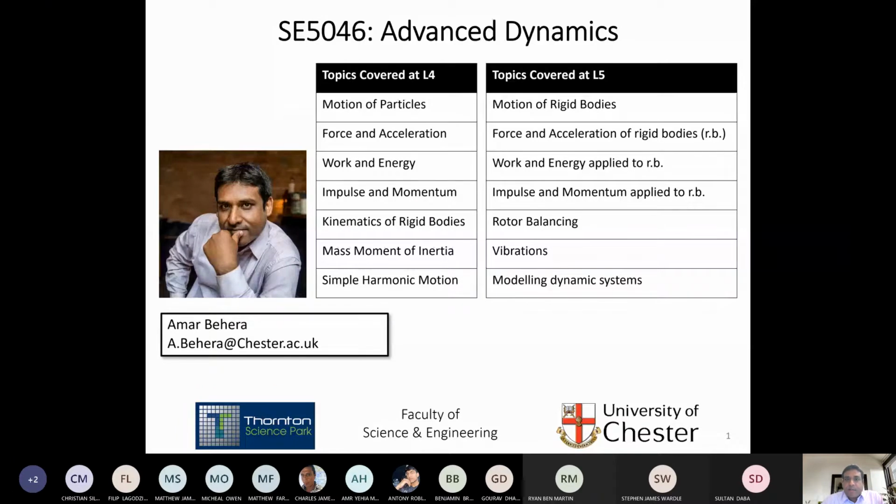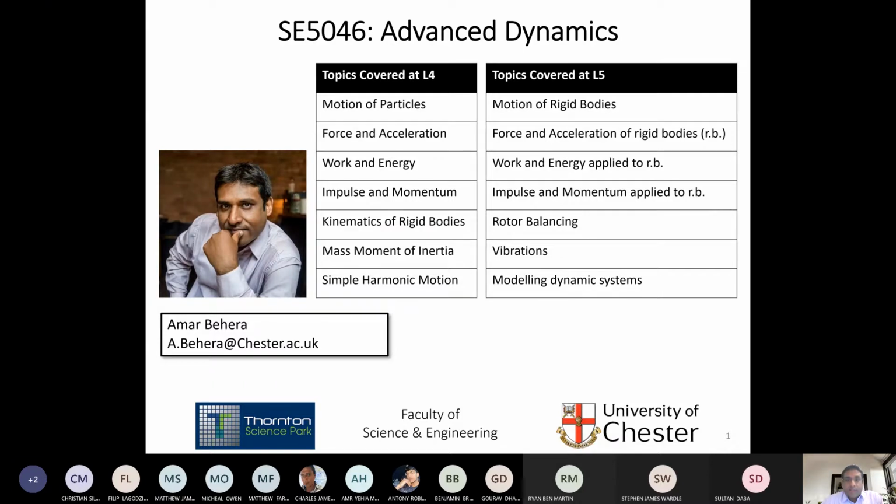At level 5, we'll look at some advanced topics in dynamics. And these are motion of rigid bodies, force and acceleration of rigid bodies, work and energy applied to rigid bodies, impulse and momentum applied to rigid bodies, rotor balancing, vibrations, and the modeling of dynamic systems.